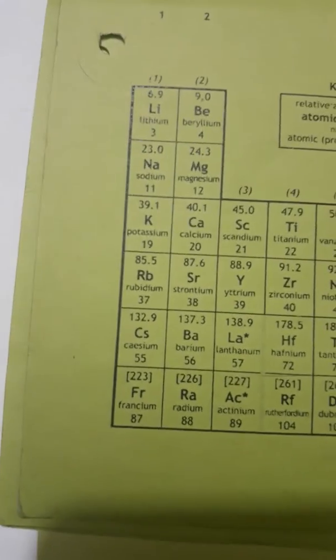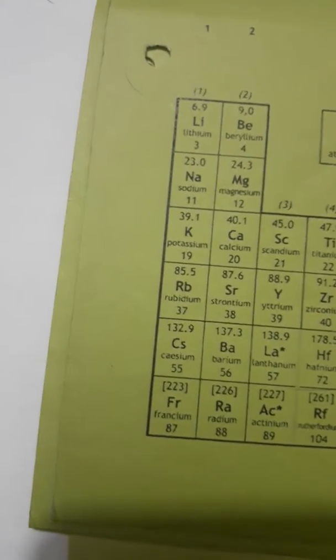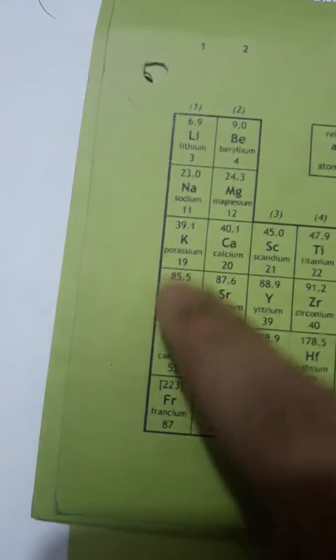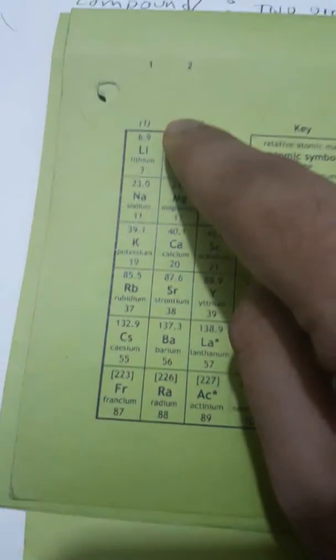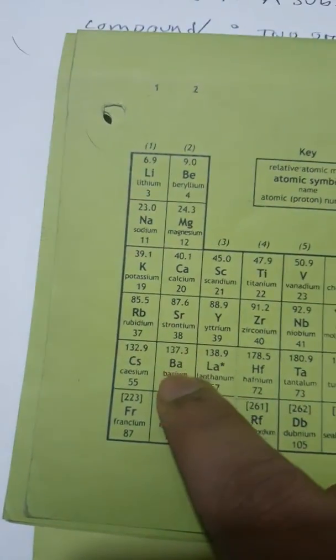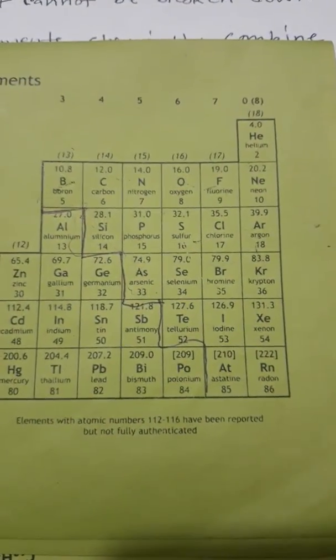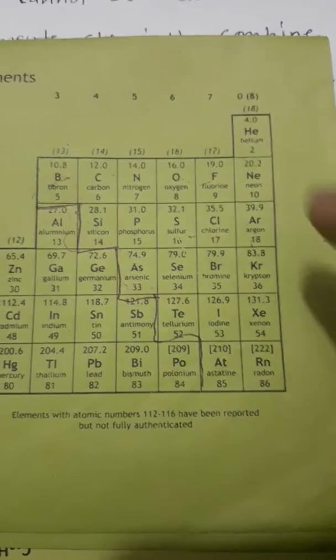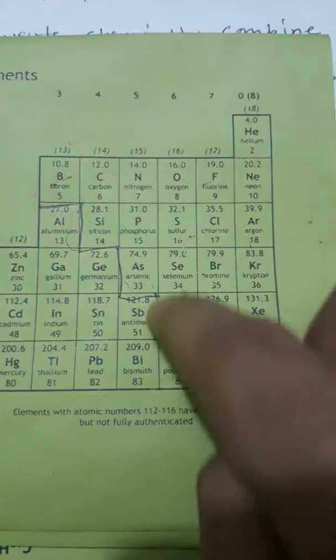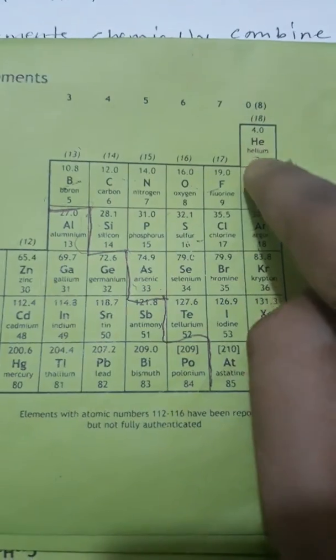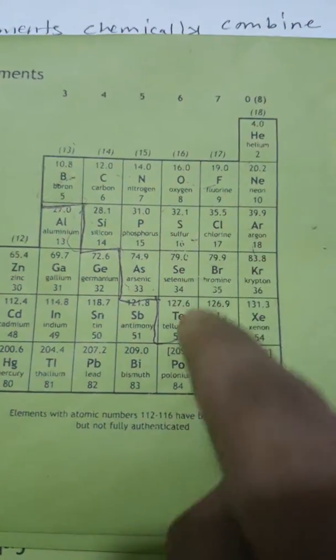Now we can see there are some vertical columns. In fact, there are 8 vertical columns. These are called groups.